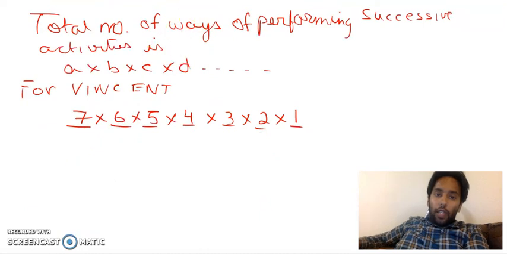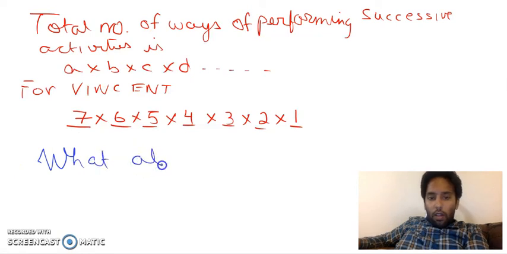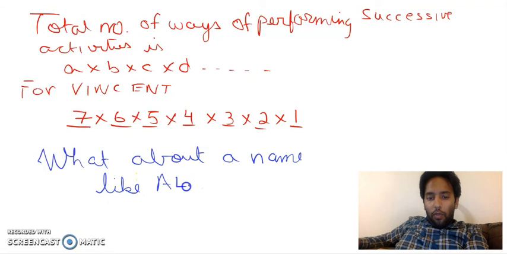Now what I want you to think is, how would you do a name like Alicia? You see the problem here? There are 2 I's. What are you going to do with that?